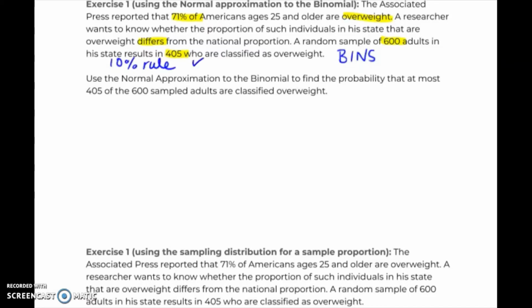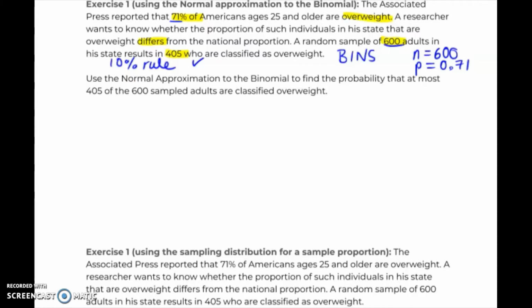So yes, that is given. Our 600 adults are less than 10% of all the adults in the state. Then we have a fixed number of trials because n is equal to 600, and our probability of success remains the same, and that's our 71% given in the question above.